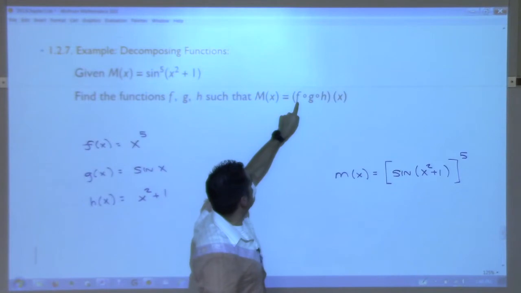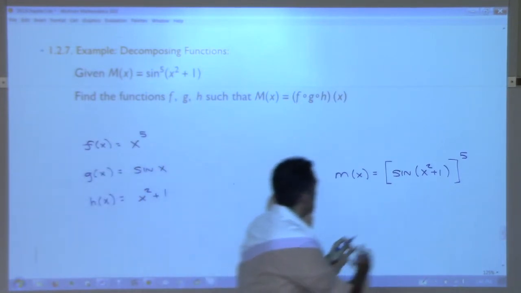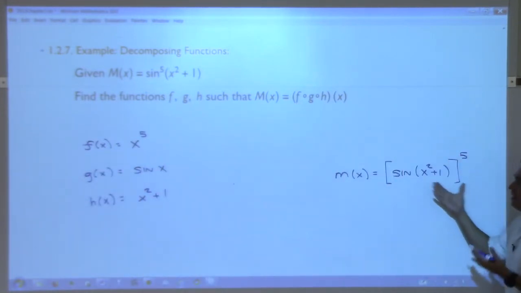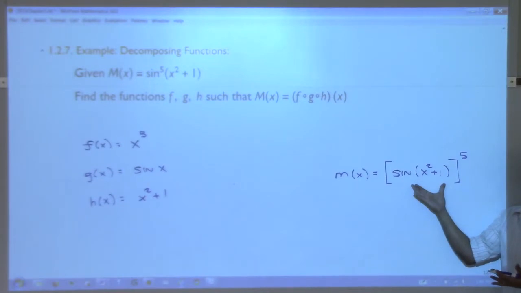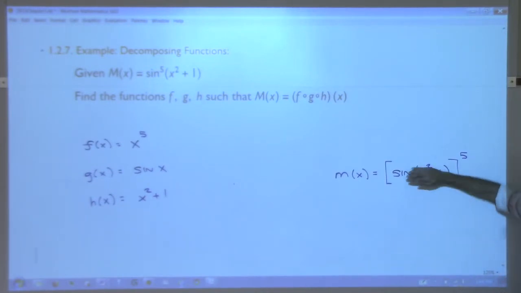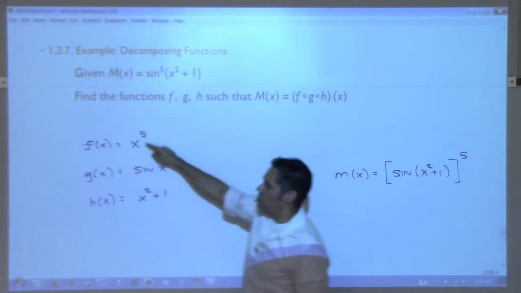So when you're trying to figure out what f is, think to yourself, what's the last operation happening? The last thing that's happening is I'm taking something and raising it to the fifth power, right? So let's say I'm taking x and raising it to the fifth power.